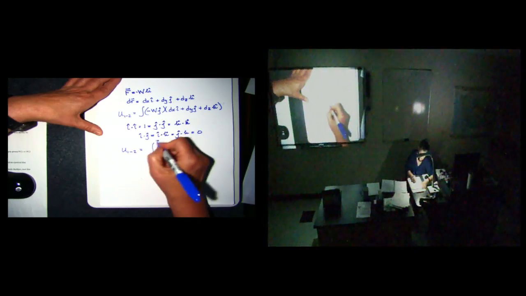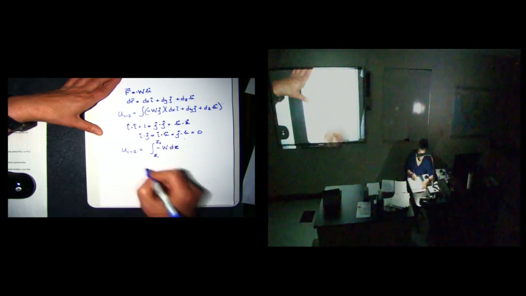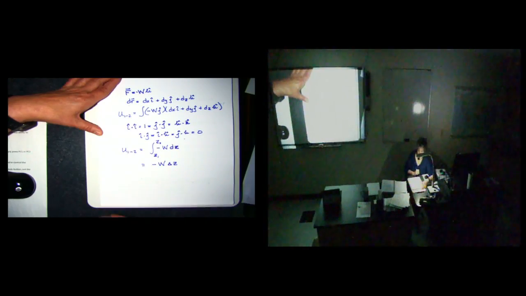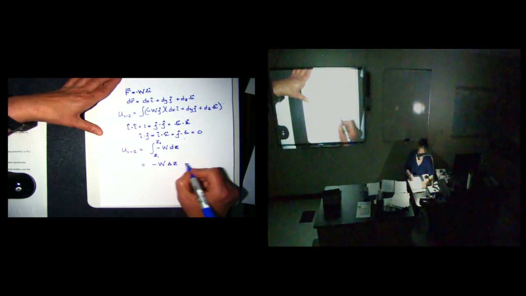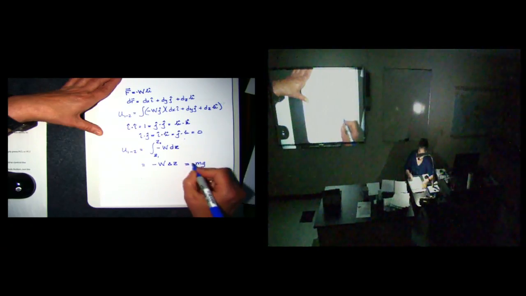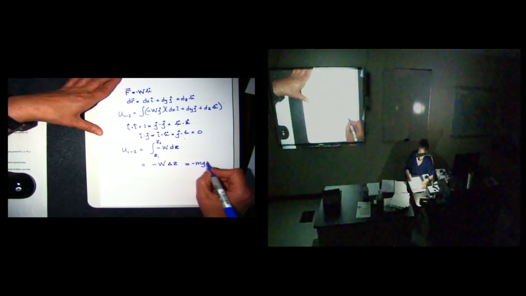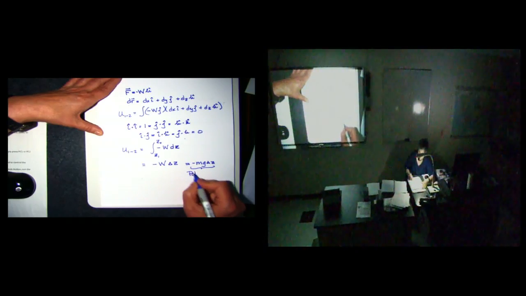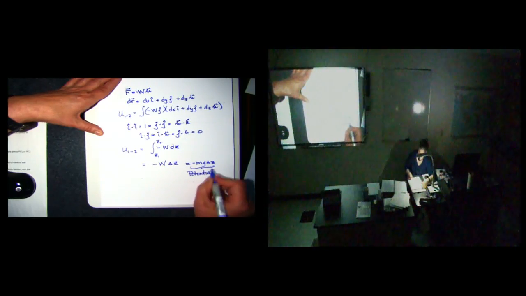And we do the integral of F ds is equal to the integral of mv dv, and we end up with work. This ends up being 1/2 mv2 squared minus 1/2 mv1 squared.